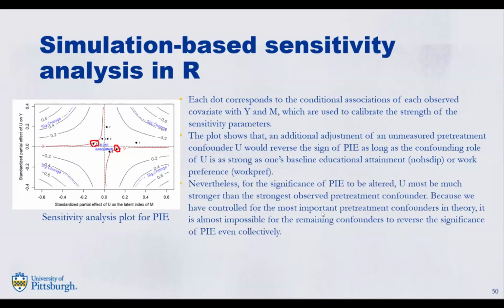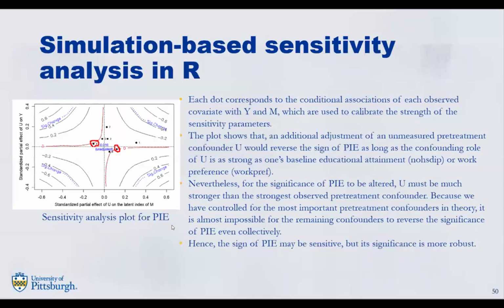Nevertheless, for the significance of PIE to be altered, you must be much stronger than the strongest observed predetermined confounder, because the boundary of the significance change is further away from those unmeasured confounders that are comparable to the observed covariates. Because we can argue that we have controlled for the most important predetermined confounders in theory, it is almost impossible for the remaining confounders to reverse the significance of PIE, even collectively.